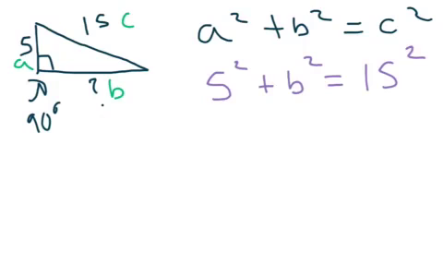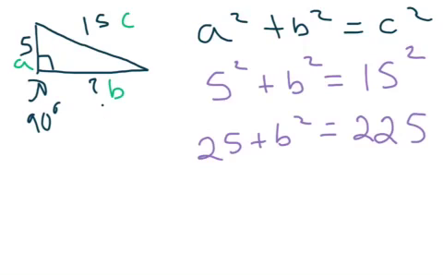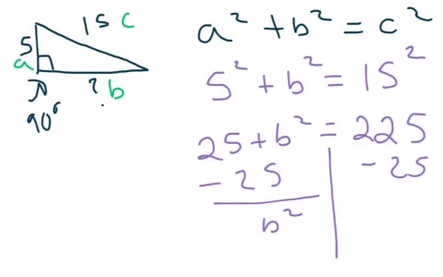5 squared is 25. 15 squared is 225. Next, we will subtract 25 from both sides, and we will get b squared is 200. Because remember, these will cancel.